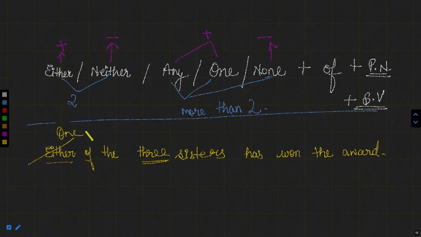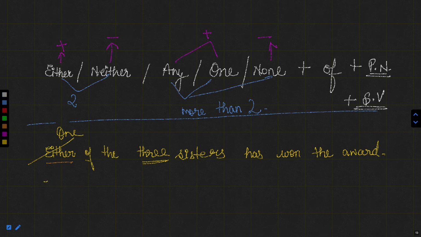So one of the three sisters has won the award. Now you must be thinking, why have we not replaced this three? Of course, we can only change grammatically. If there are three sisters, of course, they will remain three. We cannot kill one of them. But we have to check for the grammatical structure only. So here the correct sentence will be, one of the three sisters has won the award.